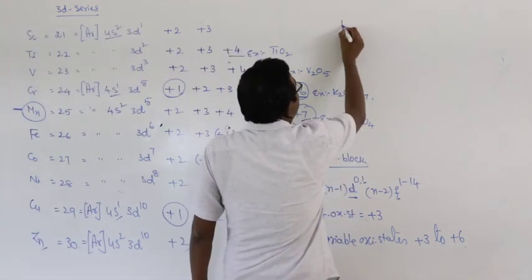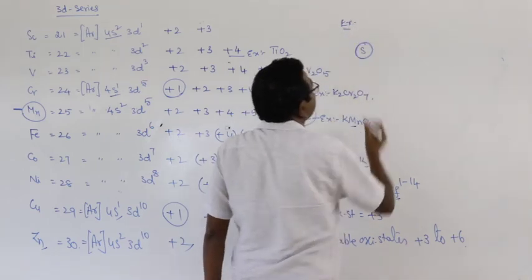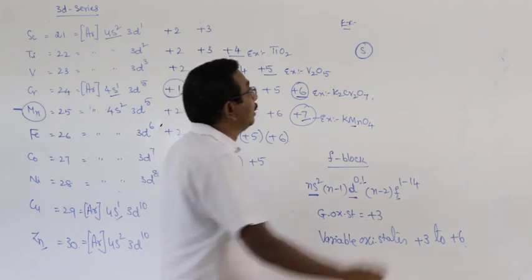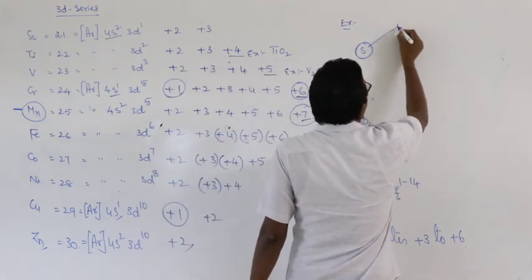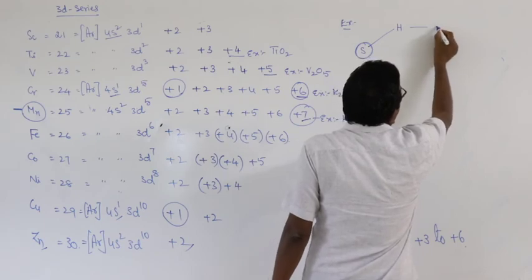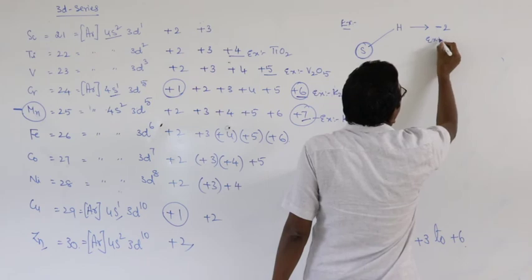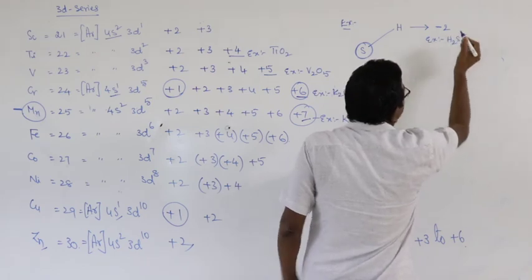Example, let us consider sulfur. When sulfur is bonded with hydrogen, it exhibits the oxidation state -2. Example, H2S.